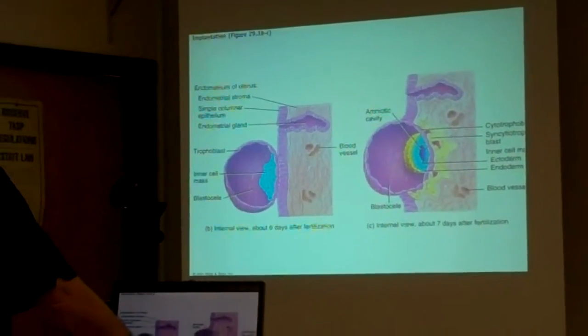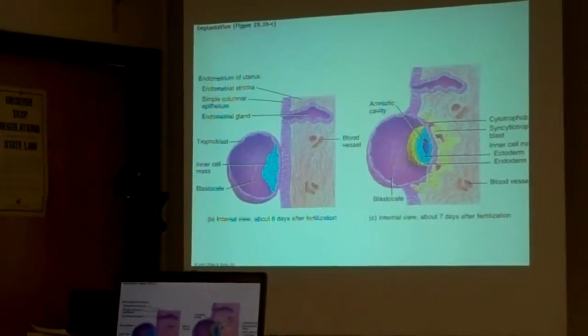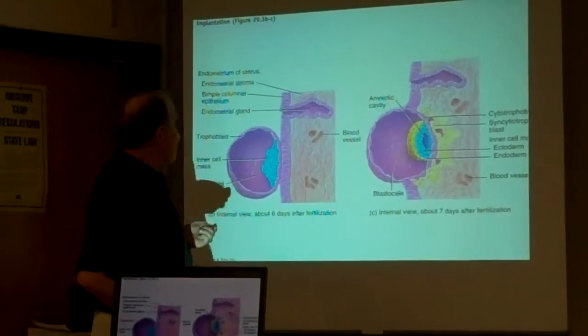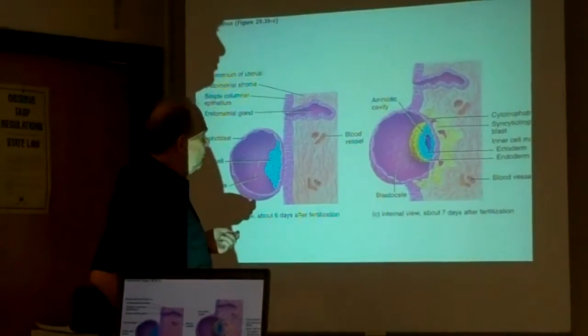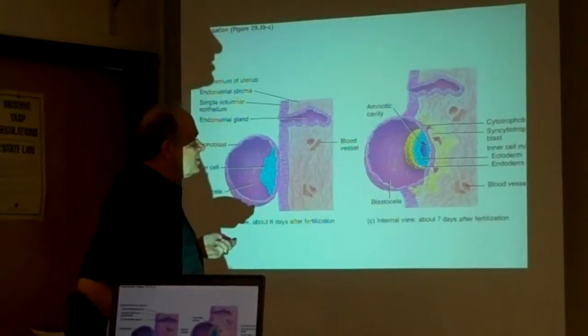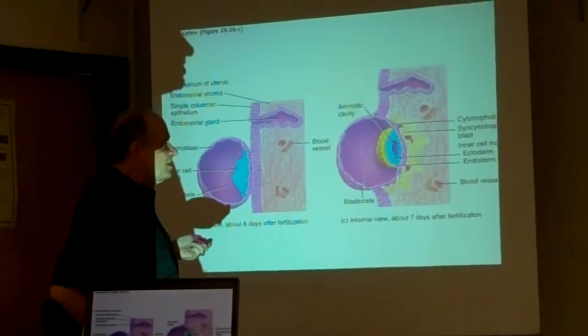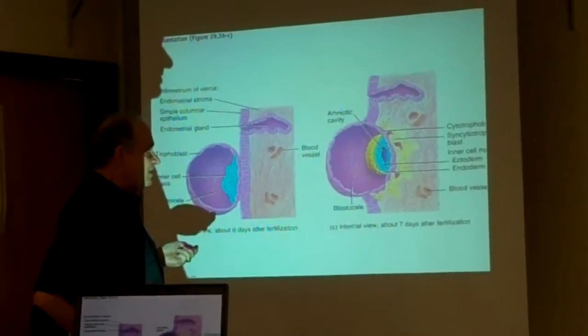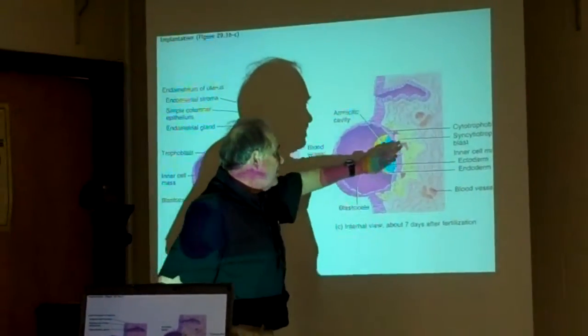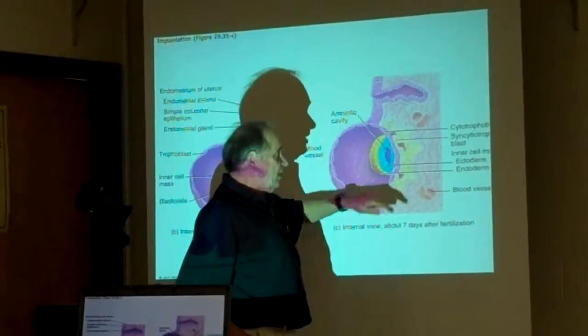All right, now right here, let me show you this. The outer covering of the trophoblast is called the trophectoderm. Trophectoderm is made up of cytotrophoblast and syncytiotrophoblast. Now, this area right in here will make up most of what's called the chorion.